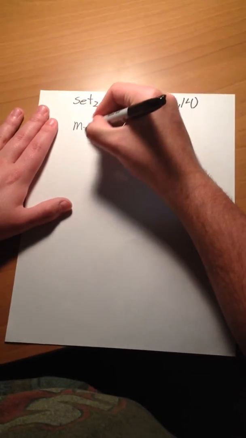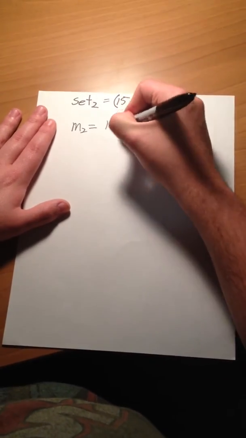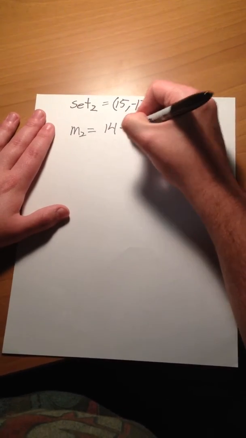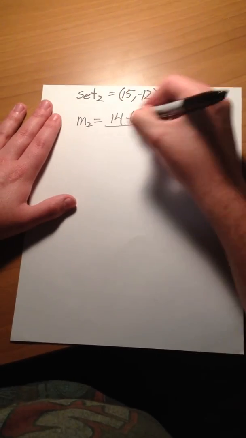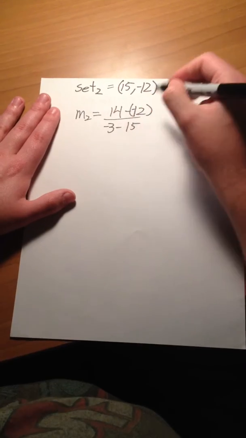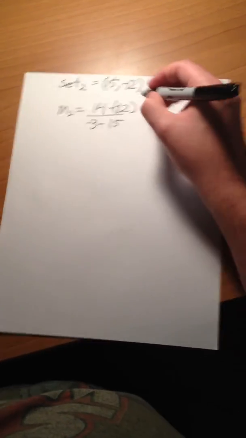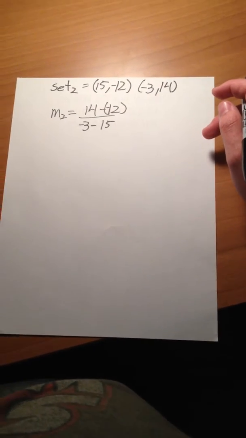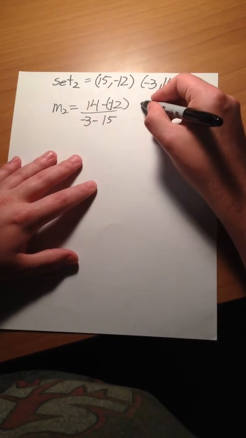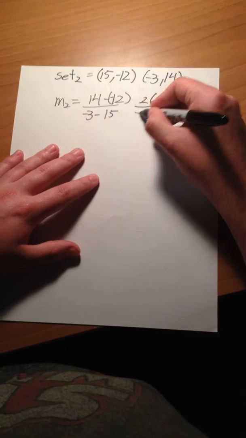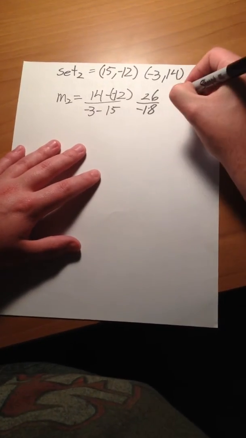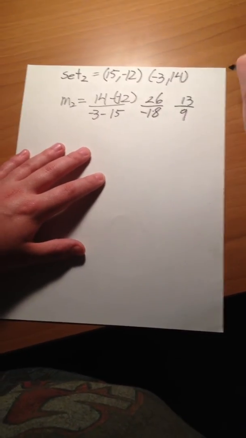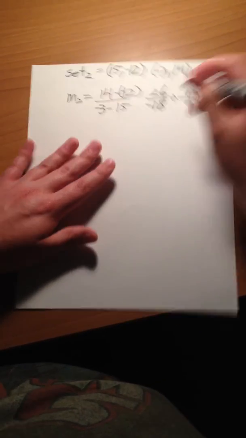And you would write this out, 14 minus -12 over -3 minus 15, which would give you 26 over -18, which can be reduced to 13 over 9. And this is your slope.